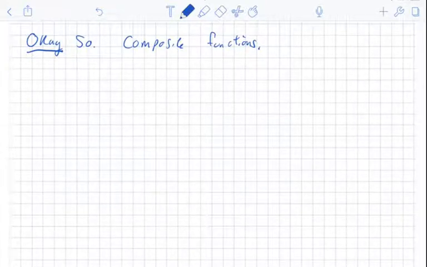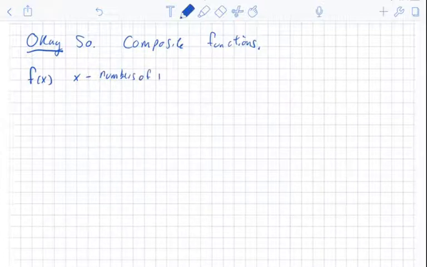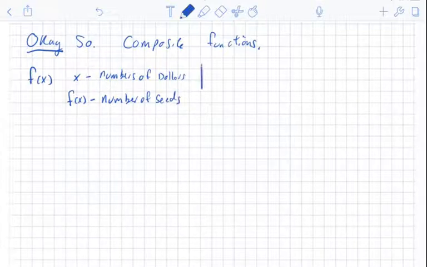So for instance, somebody could say f of x, where x is the number of dollars, and the value of the function that you get out is the number of seeds. Alternatively, they could say, oh, here's another function. So, hold on. I haven't specified f of x.